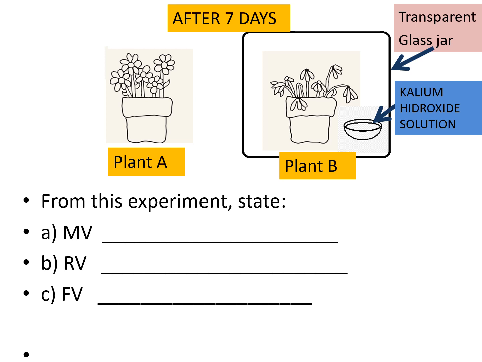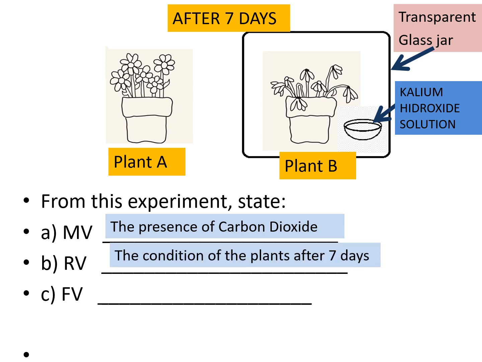So the manipulative variable for this experiment is the presence of carbon dioxide, because plant A got all the carbon dioxide it needs while plant B did not get any carbon dioxide during this experiment. And the responding variable is the condition of the plants after 7 days.